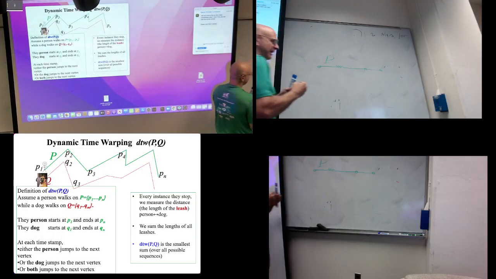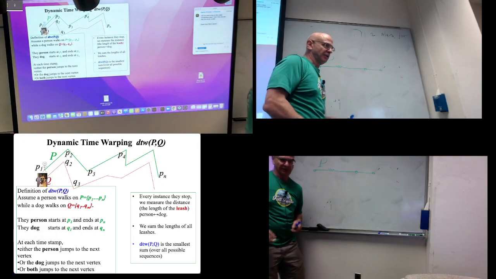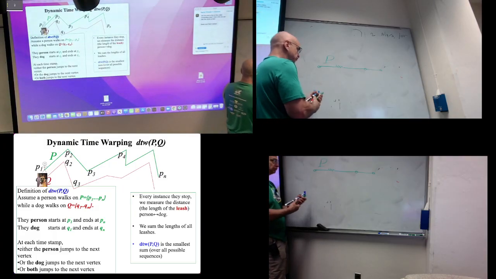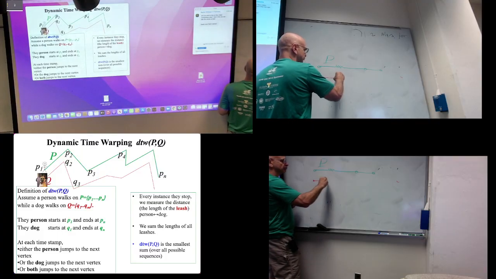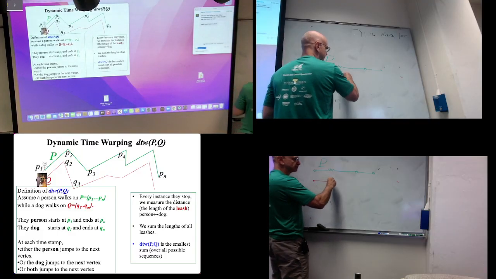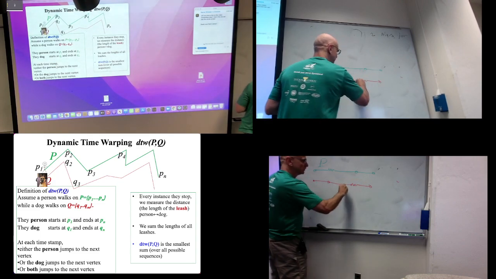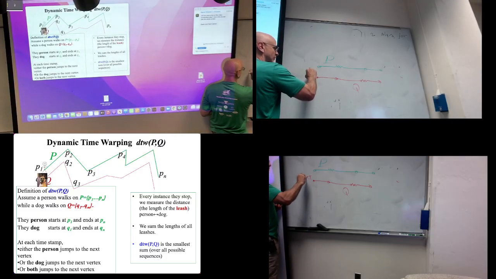here is capital P, that's what the man is going to move on. Here is capital Q, that's what the dog is going to walk on.